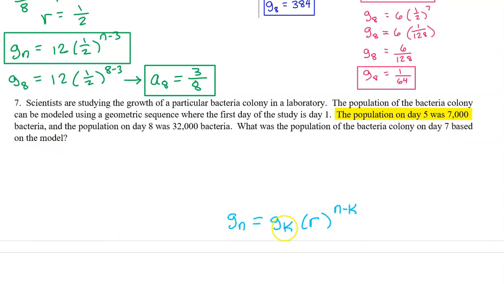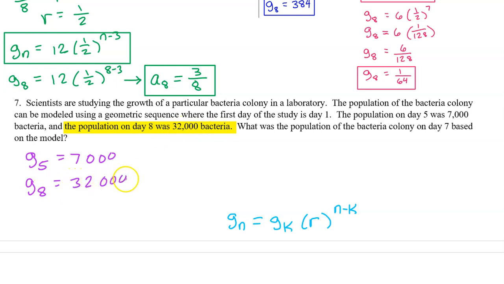It's a geometric sequence, so we are going to use this model. The population on day 5 was 7,000. That means that G5 is 7,000. The population on day 8 was 32,000. So G8 is equal to 32,000.